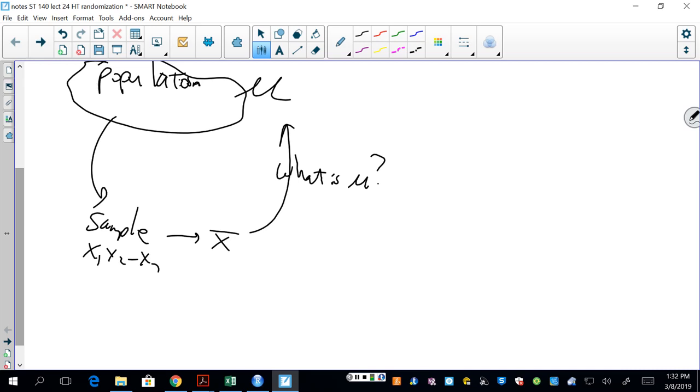One way of answering that is with a confidence interval for mu. That would tell you the likely values of mu, like X bar plus or minus a couple of standard errors should give you a picture of where that is. But many times a hypothesis test can be done.